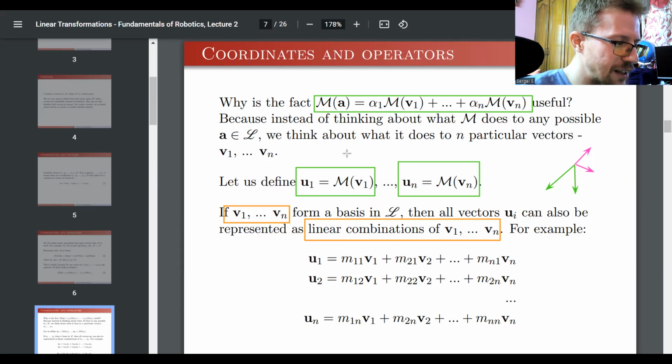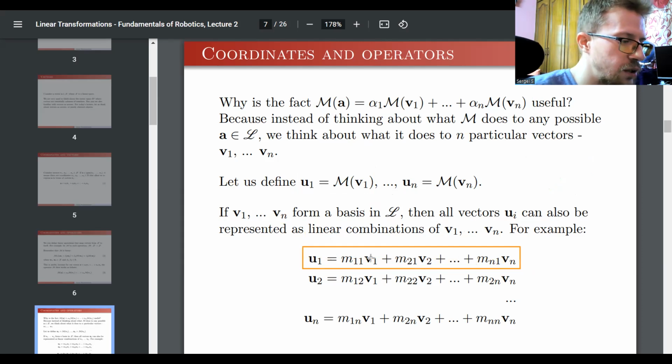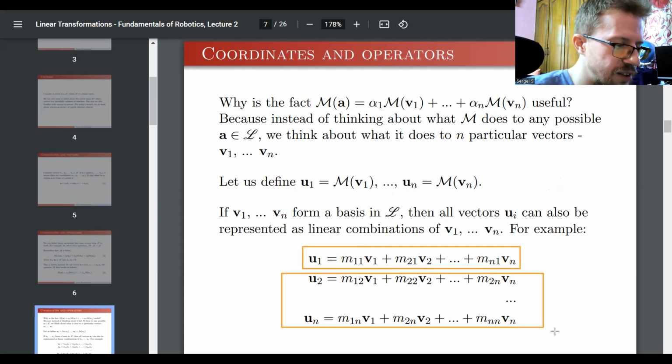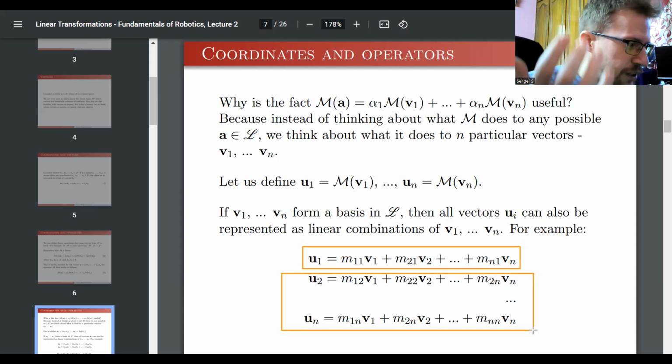Now let us describe it this way. We say that U1 is equal to m11 V1 plus m21 V2 plus up to mn1 Vn, and the same for all the others. So they're linear combinations.